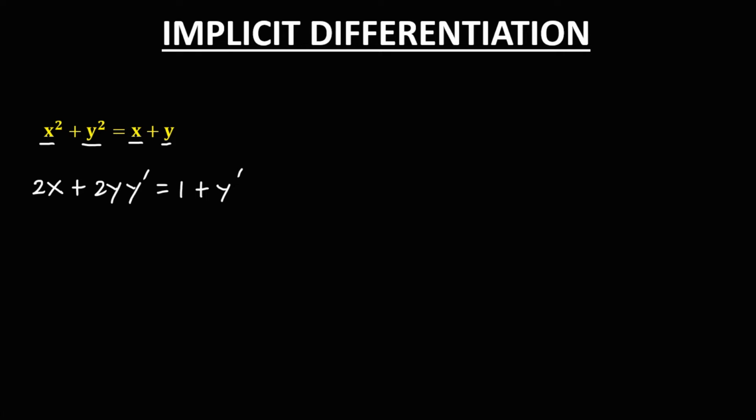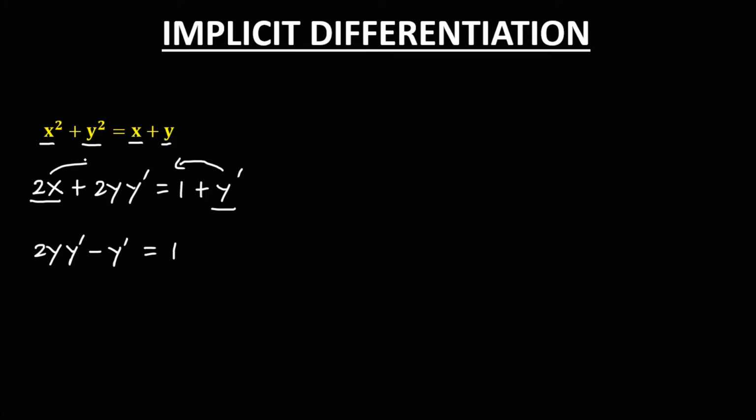Then to solve for y prime, we need to group all terms with y prime. So this becomes 2y y prime, then transpose this to the left. So this becomes negative y prime, then equals 1.